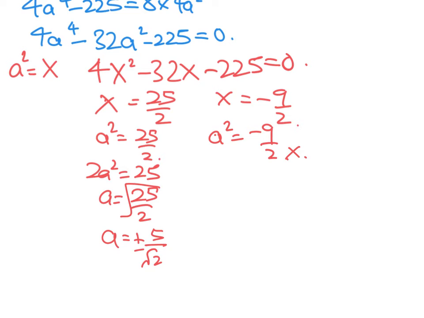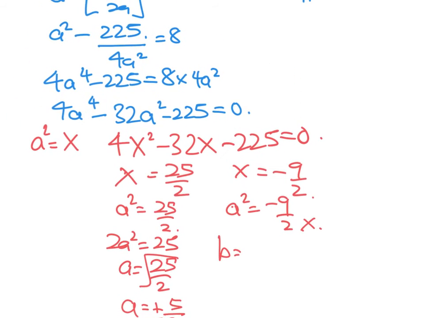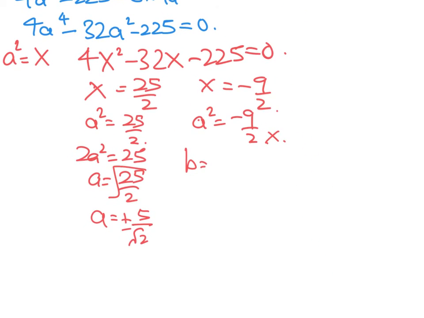Now let's look at what b is. Take a and sub it into b. B equals negative 15 over 2a, so b equals negative 15 over 2 times 5 over 2.